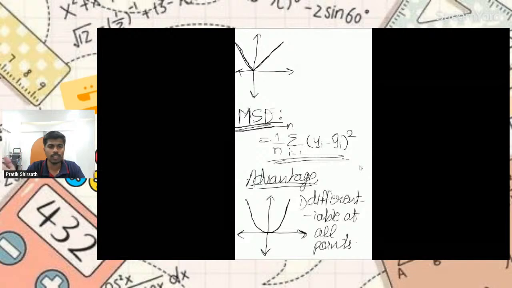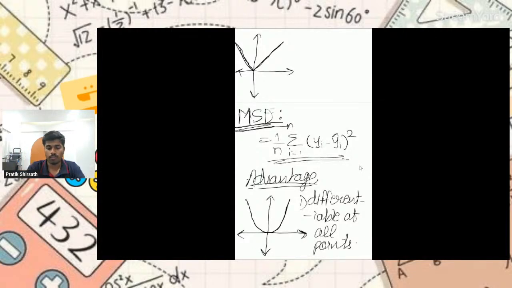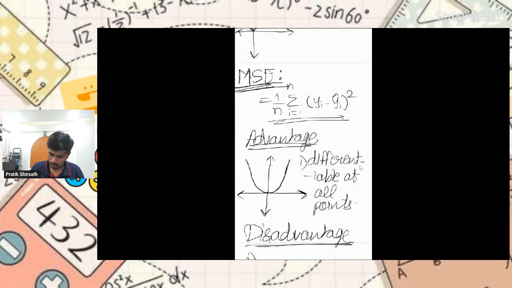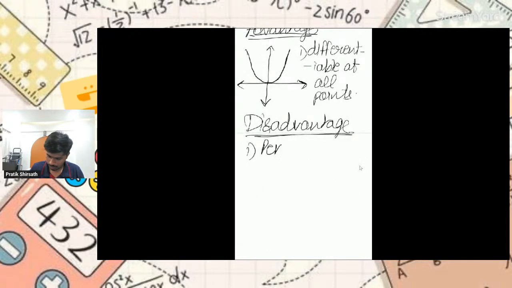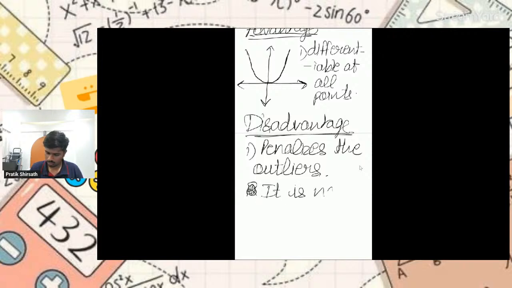And basic logic is, if error increases, then our model will not perform the way we want it to. So it penalizes the outliers. Basically, it is not robust. Simple as that. Clear?